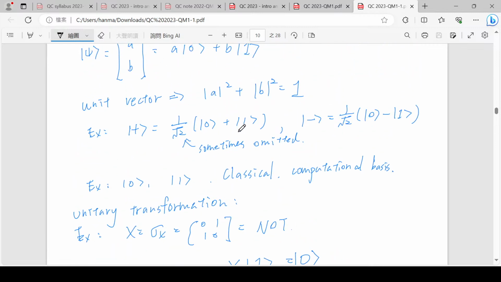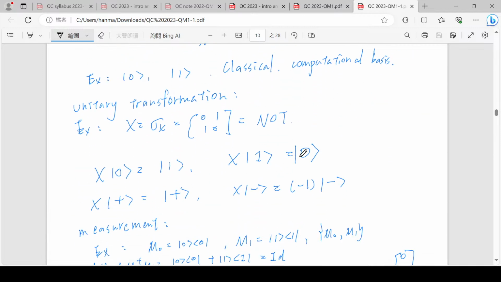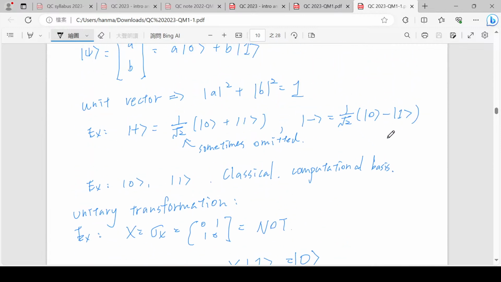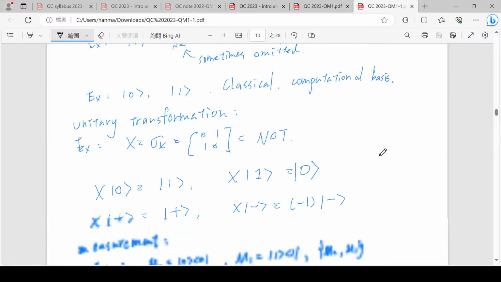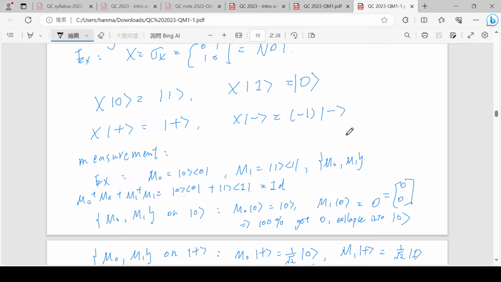If you flip 0 and 1 on this |0⟩ + |1⟩, then nothing will happen, because |0⟩ + |1⟩ is |1⟩ + |0⟩. And when you apply it on minus, a weird thing happens. You flip 0 and 1 here, so |0⟩ − |1⟩ becomes |1⟩ − |0⟩. That's basically the same thing, but you get the extra minus sign. So the minus state is a negative 1 eigenstate of this X operator.